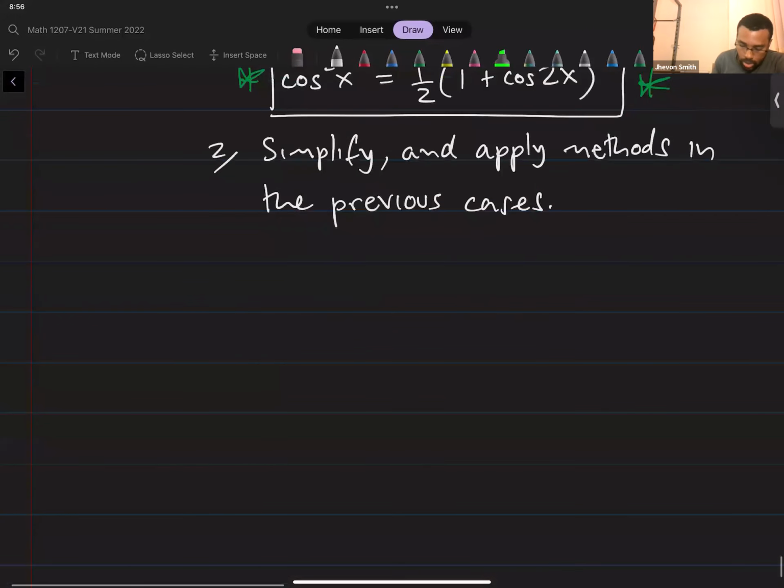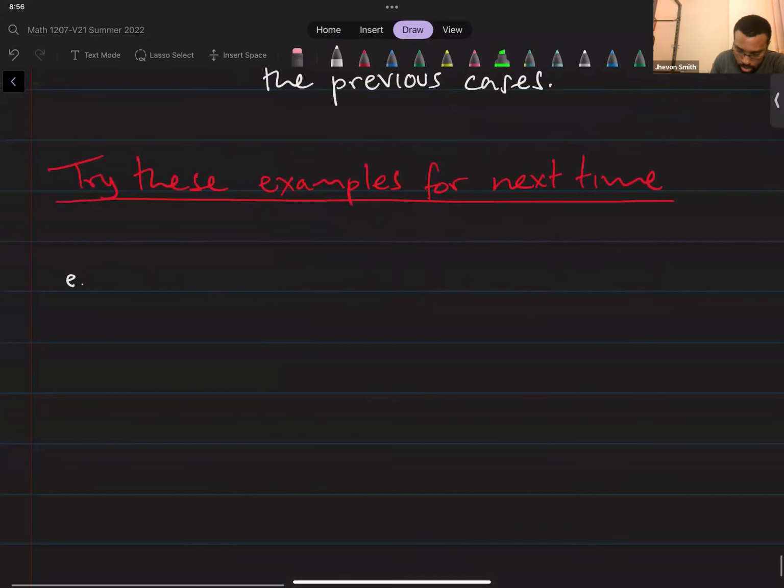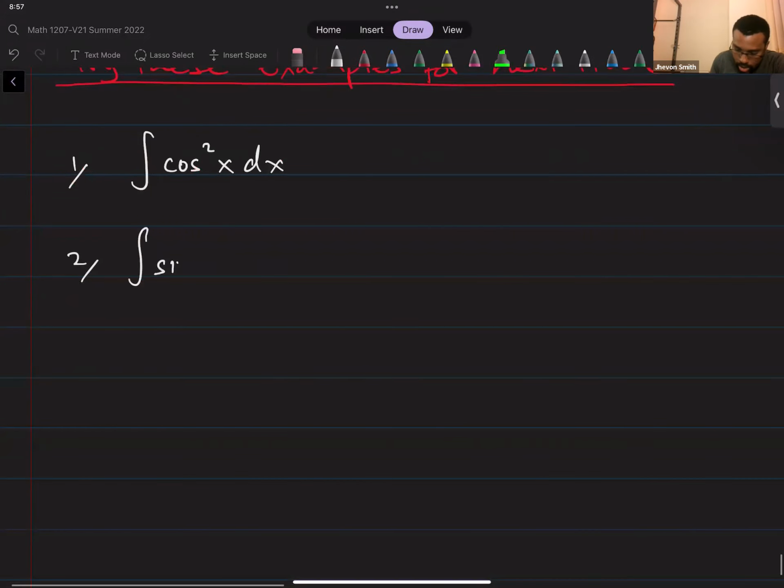Okay. So I would say try these. Integrate cosine squared. Integrate sine squared.